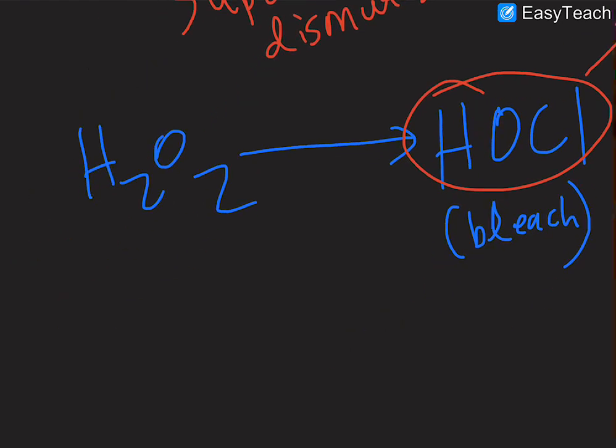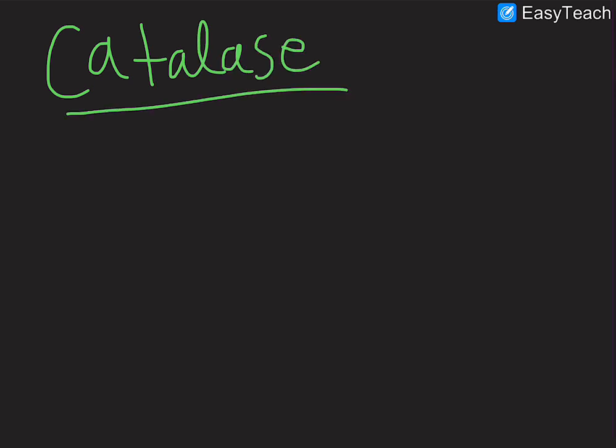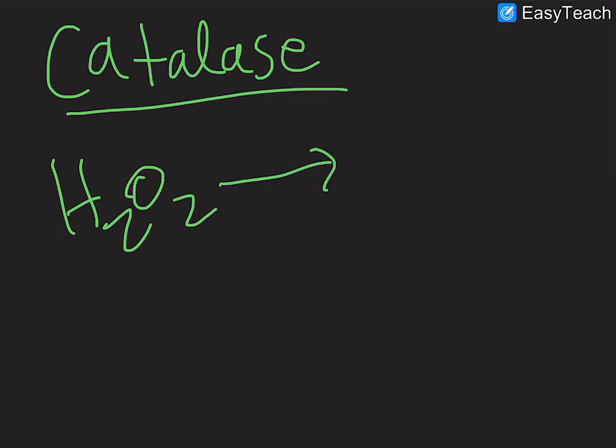But there are still other enzymes that are important in terms of free radical handling. Catalase is one of the enzymes we should talk about. The job of catalase is to take hydrogen peroxide and break it down into water and oxygen.